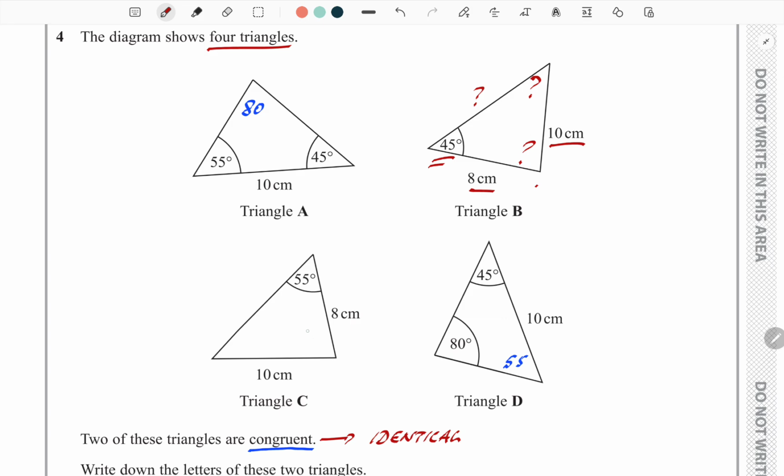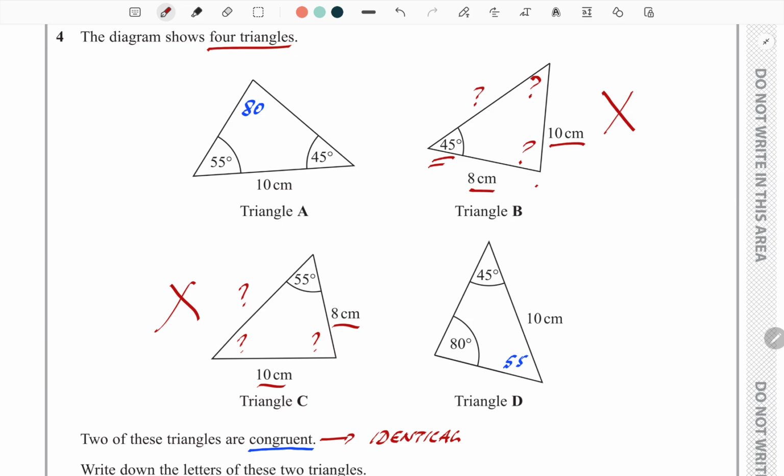We then have another triangle with, again, sides 8 and 10. Now they give us a different angle, 55. But again, we don't know this, we don't know that, and we don't know that side. So nothing can be confirmed about either of those triangles in terms of their side lengths or all the angles. So it can't be that one or indeed that one.